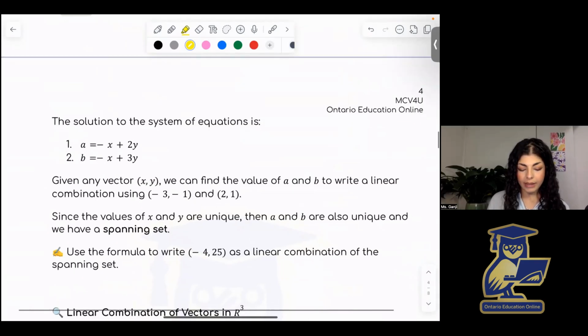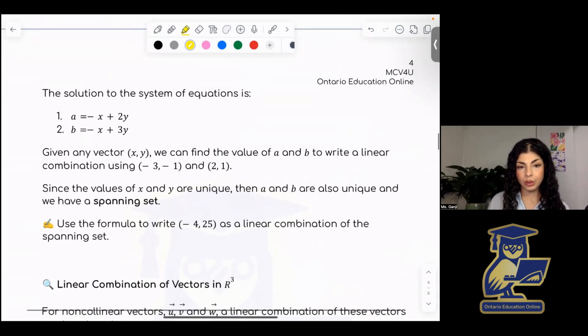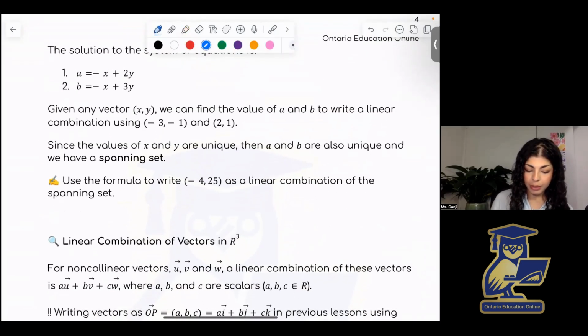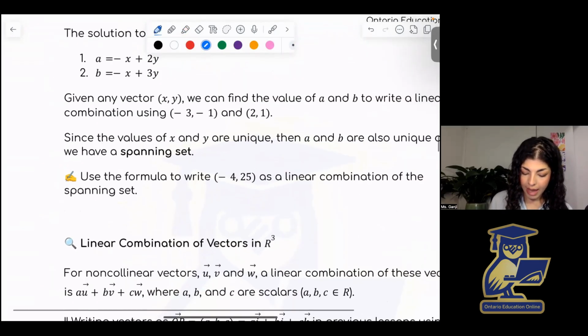And so here we're asked to, and I encourage you to try it on your own first, but I will show you as well, use the formulas to write (-4, 25), or you can pick a vector of your choosing, as a linear combination of the spanning set. So using the formula above, I'm going to find a is -4 plus 2y.